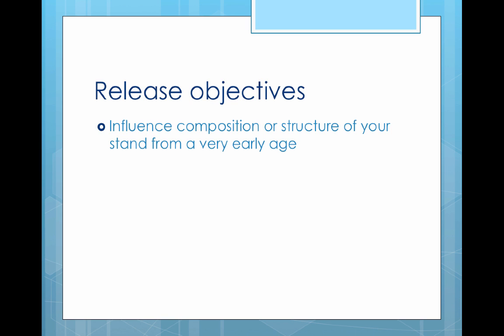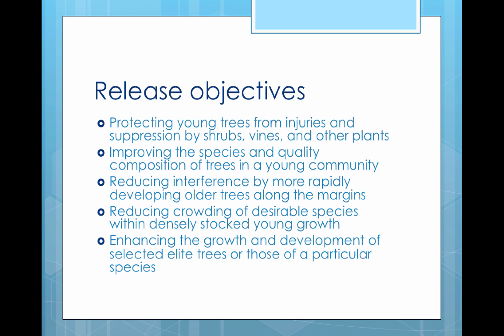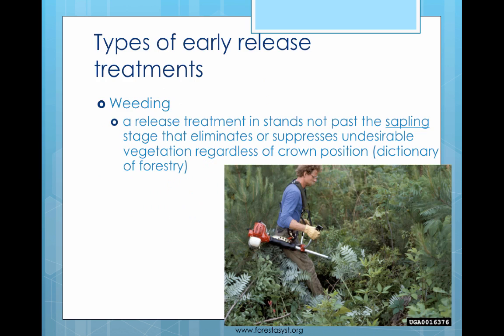We want to influence structure, we want to influence composition. Here are some of the specifics. We can do this by protecting trees from injuries and suppression by other plants, improving the species quality and composition, reducing interference from more rapidly developed older trees, reducing crowding, and enhancing growth and development of select species.